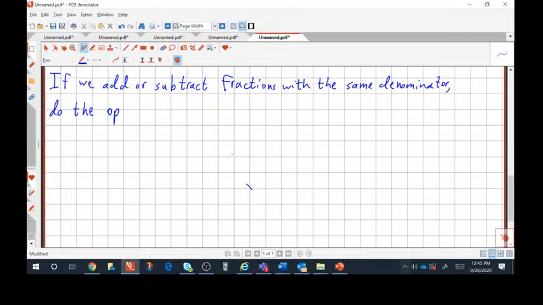Do the operation to the numerator and keep the denominator the same.